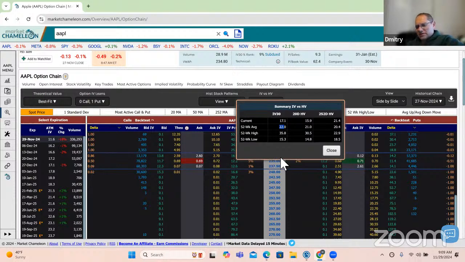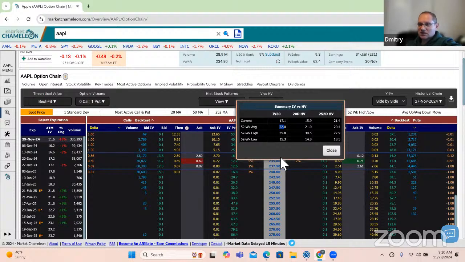So now that we know the average, what about the high and low? How far away are we from the lowest level we've seen in the last 52 weeks and the highest level? So we'll take, let's say, 252 trading days, and then take the lowest implied volatility.